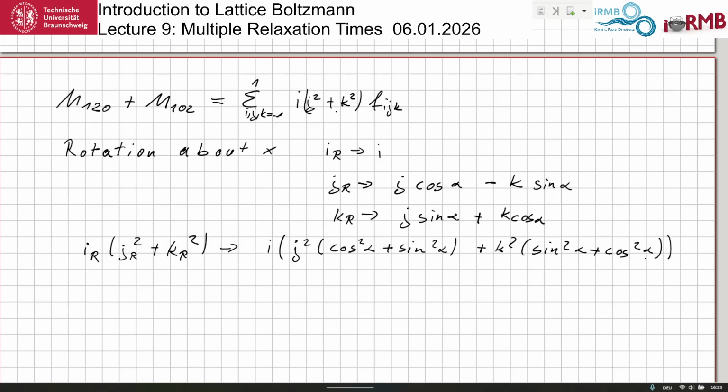But what you observe is that this here is 1 and this is also 1. So you will end up with ij square plus k square, which means that this thing is invariant under rotation about the x-axis.